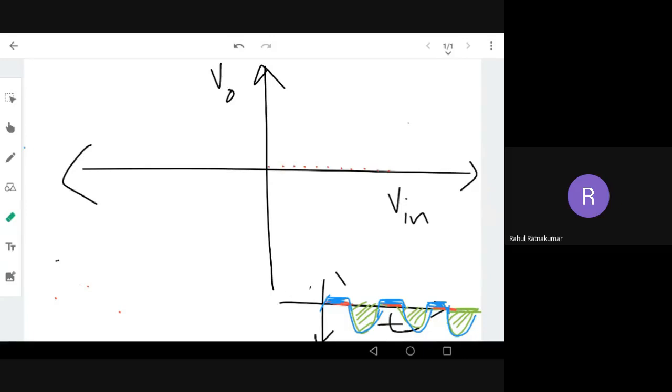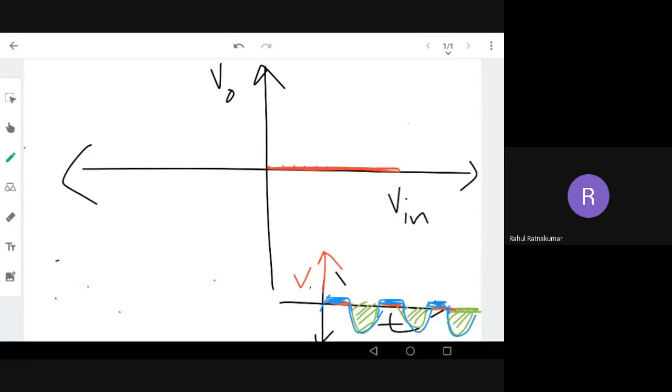As V in is increasing, V out is zero. There is no positive waveform at all. This is the ideal plot for the positive input waveform.